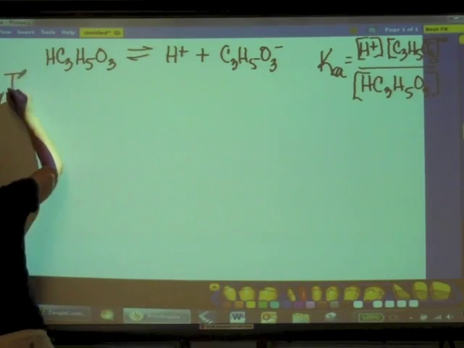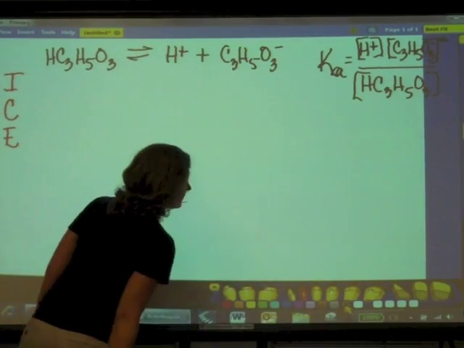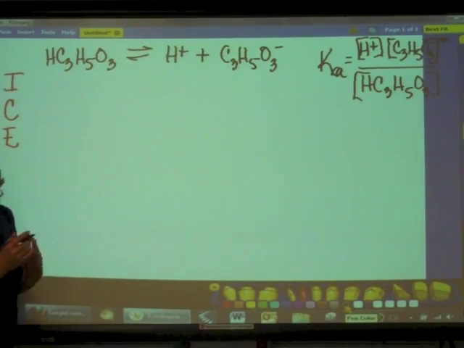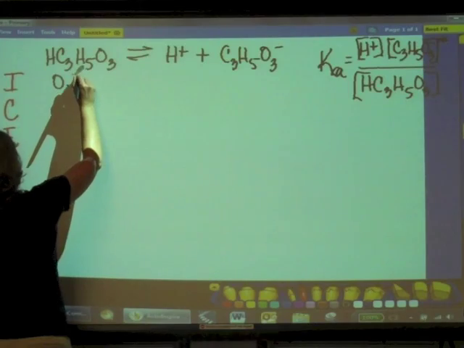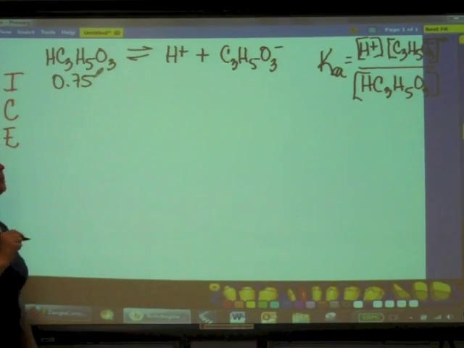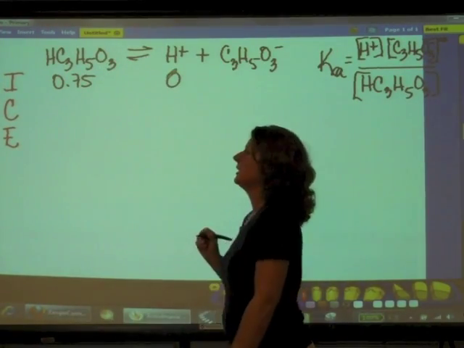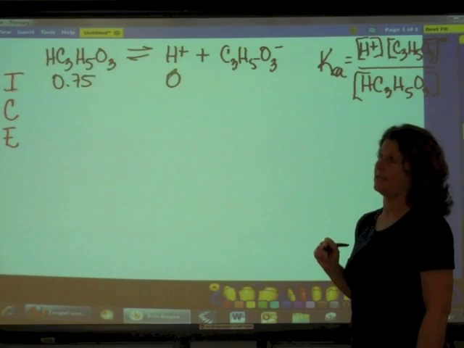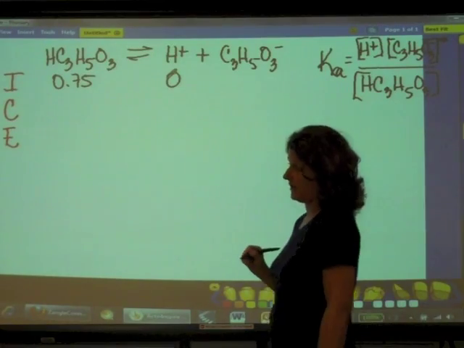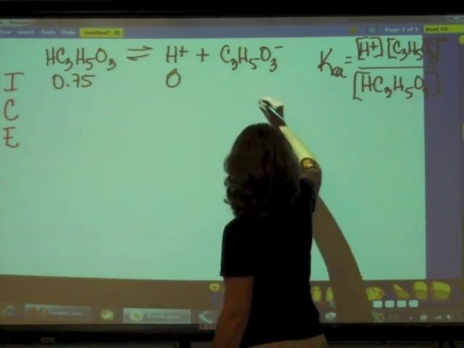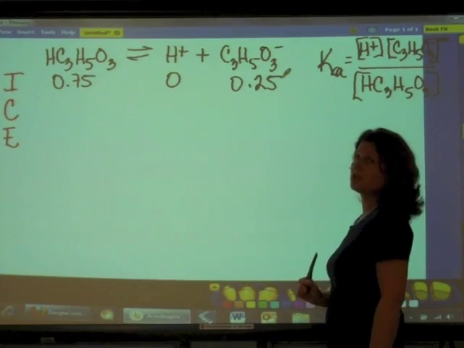We will go I, C, E. Okay, initially, what is my concentration of acid? My acid is 0.75 molar. Initially, what is my hydrogen ion concentration? 0. Initially, what is my lactate ion concentration? Well, from the sodium lactate, it is going to be 0.25 molar.